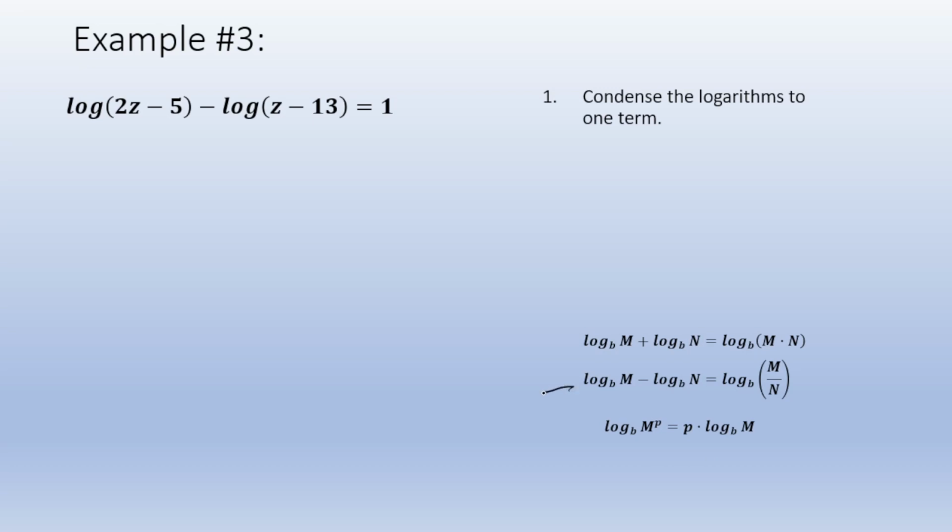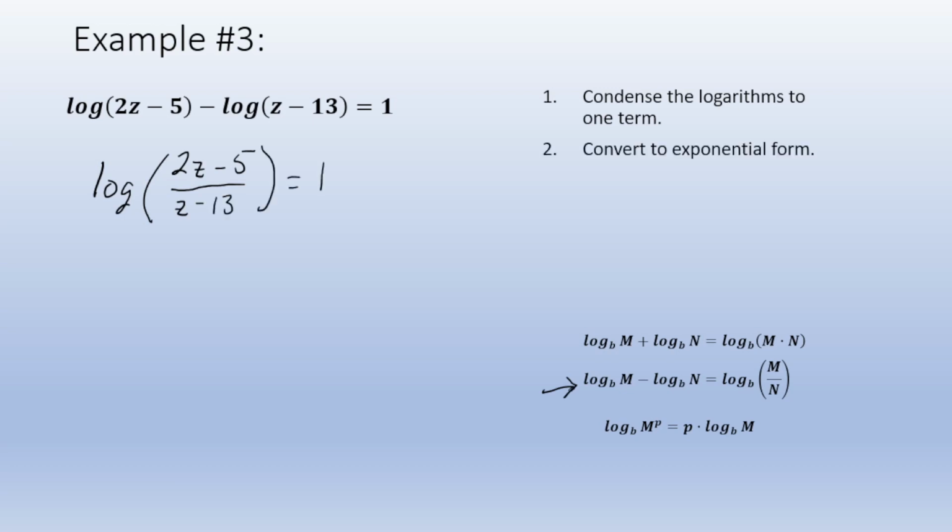Namely, in this case, we're going to utilize the quotient property of logarithms. Log base b of m minus log base b of n equals the log base b of m divided by n. Applying this property to the left side of the equation, we get the logarithm of 2z minus 5 over z minus 13 equals 1. We can now convert this equation to exponential form.